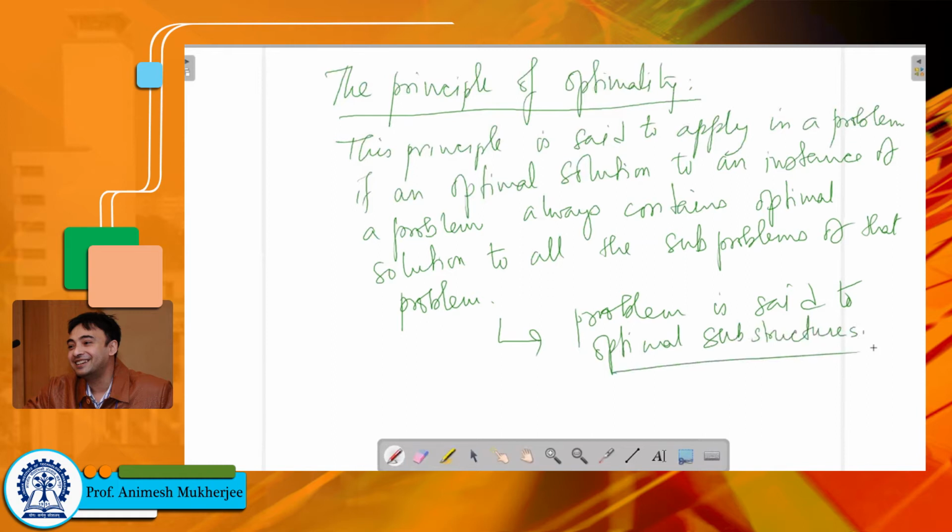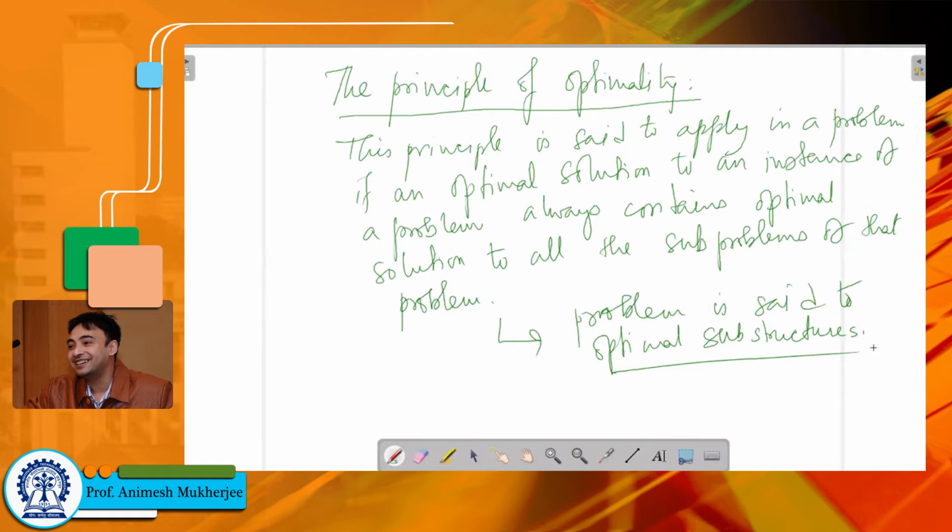So if you have an optimal solution for the overall problem or for the full problem instance, then the sub instances of the problem are also guaranteed to have an optimal solution. So it is in this way that these small optimal solutions of the sub problems, or the substructures, are combined step by step in order to get the optimal solution for the overall problem instance.